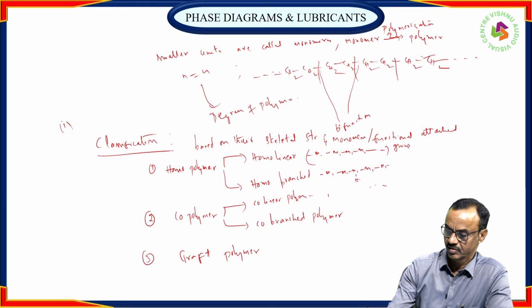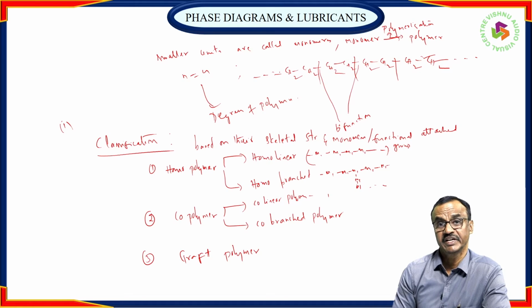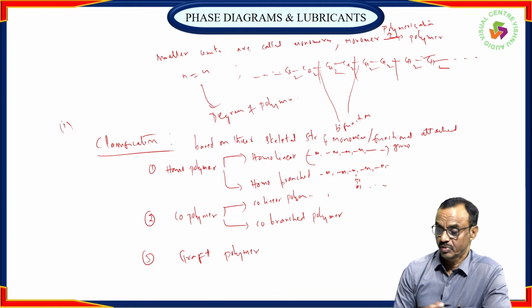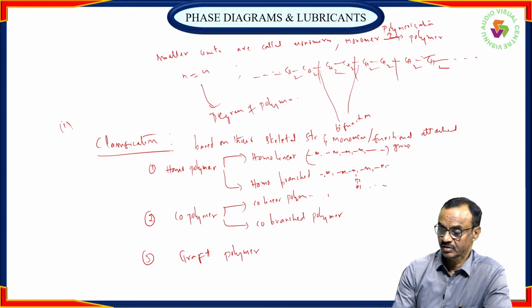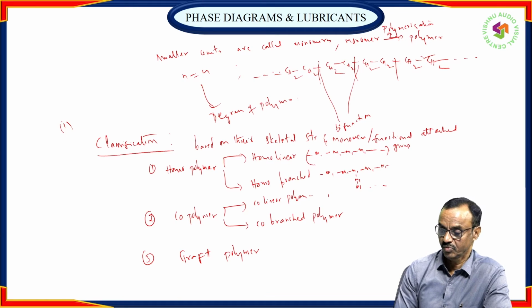The branch and main chain are made up of identical monomers. The monomers attached on the branch are the same, and the backbone consists of identical monomers only. Therefore it is called a homo-branched polymer.